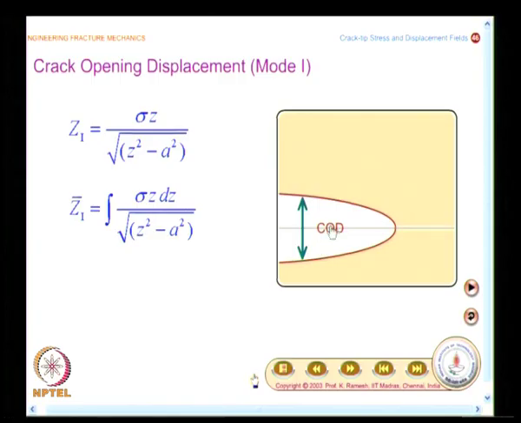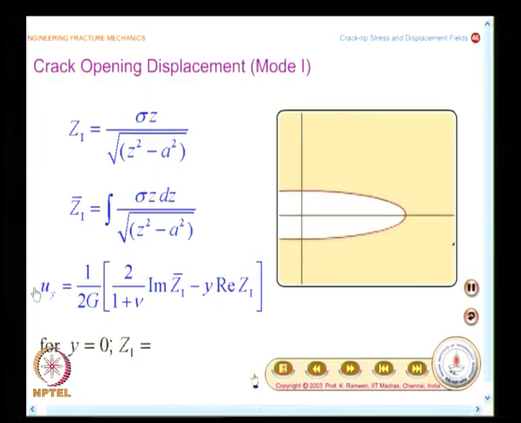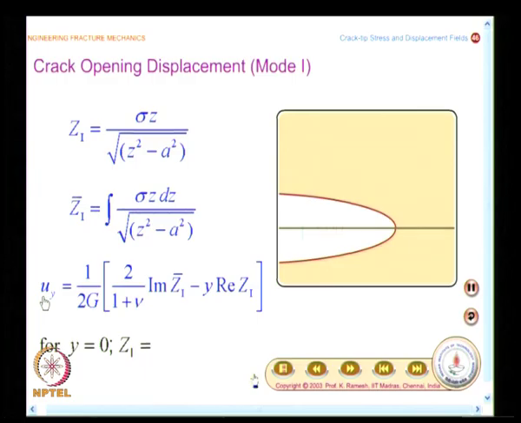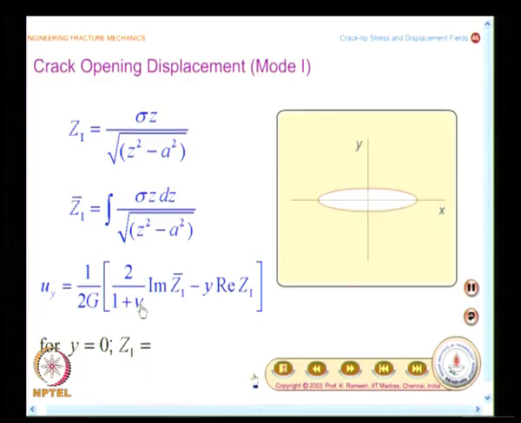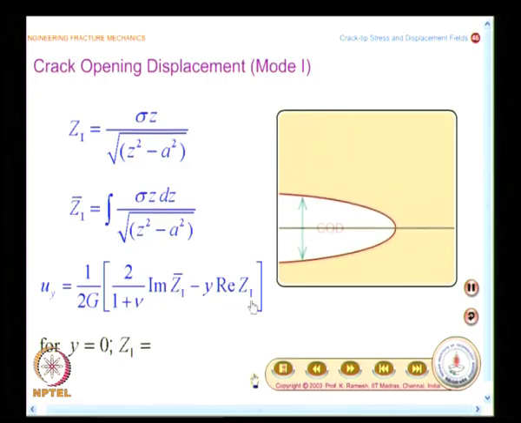For you to calculate that you need to evaluate Z1 and Z1 bar, and we would use the stress function referred with respect to the center of the crack. We have to essentially find the displacement uy, which is given as 1 by 2g into 2 by 1 plus nu imaginary part of Z1 bar minus y real part of Z1.